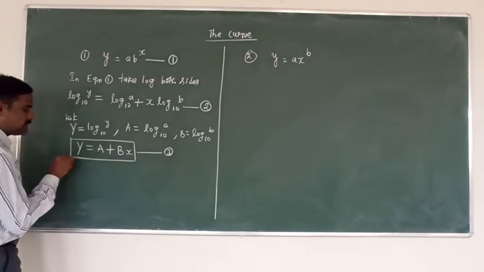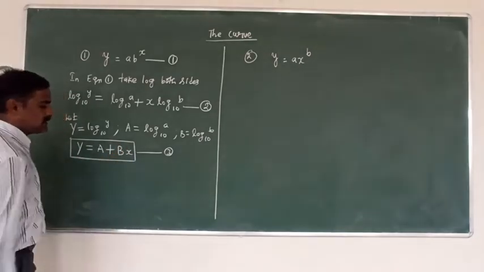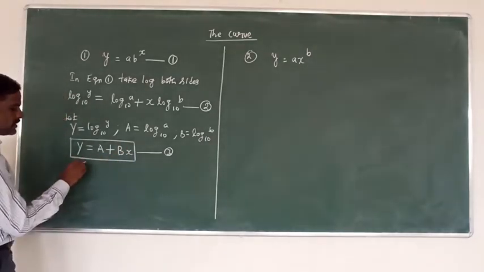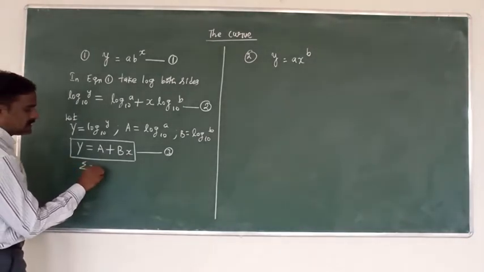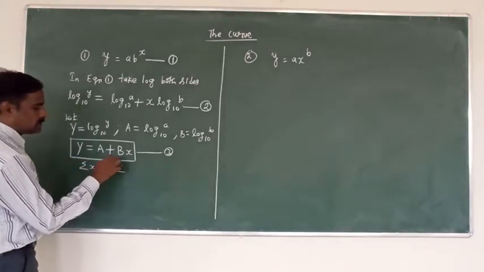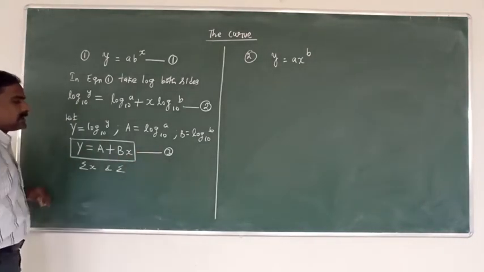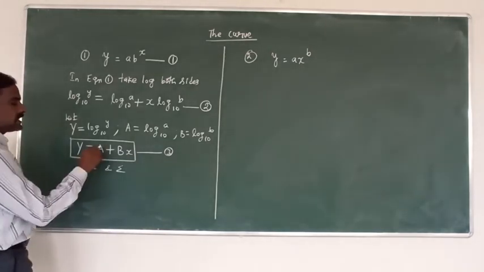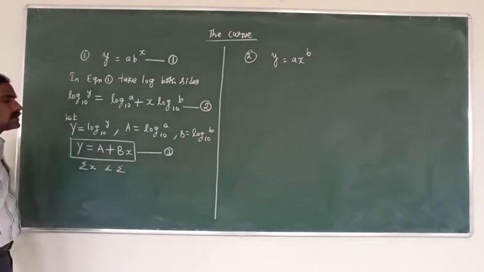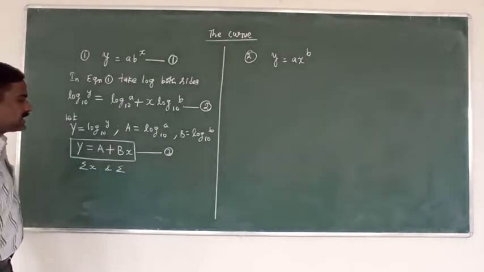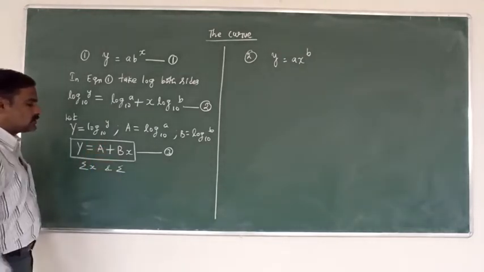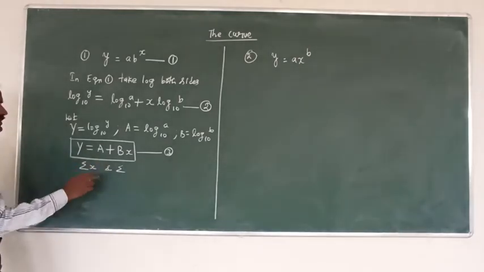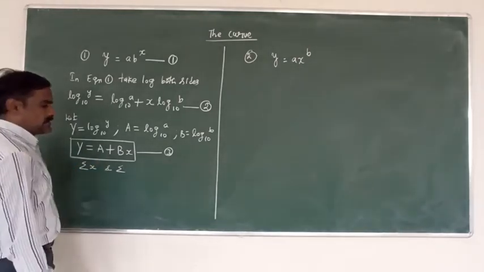The maximum power of x is 1. We can add sigma x and sigma both sides in equation 3. A and B both are constants. Now to find out these two values, for that we can use the normal equations.